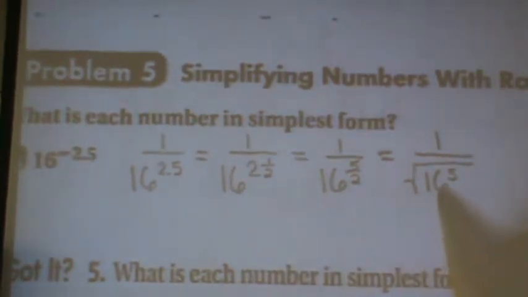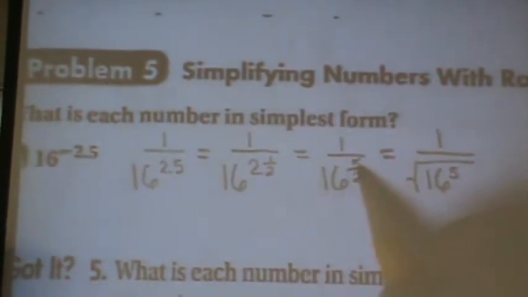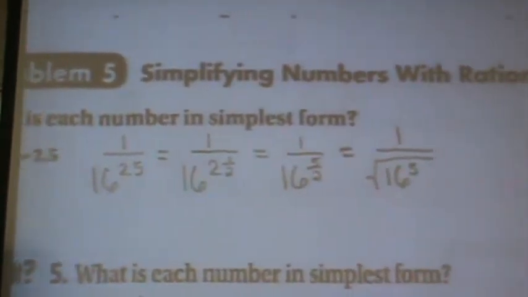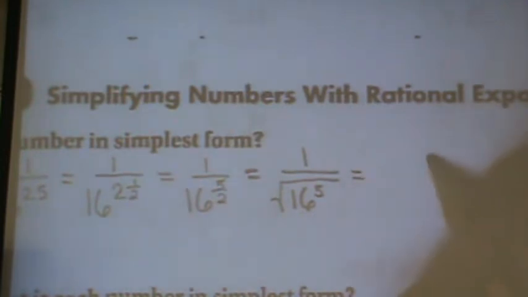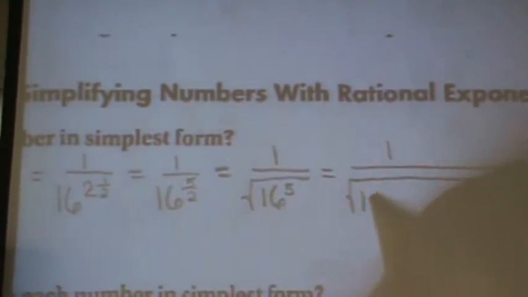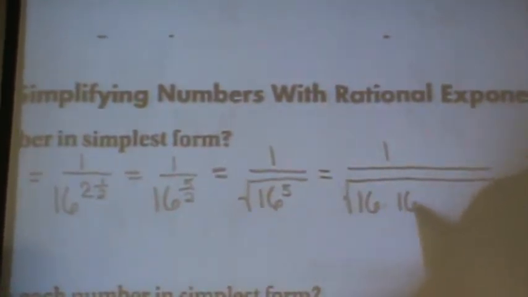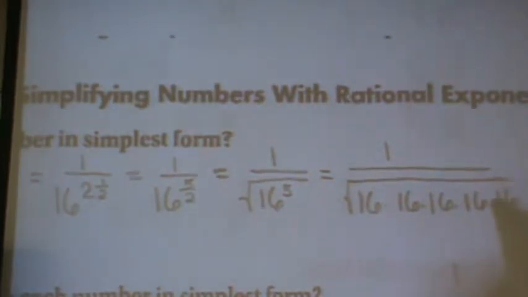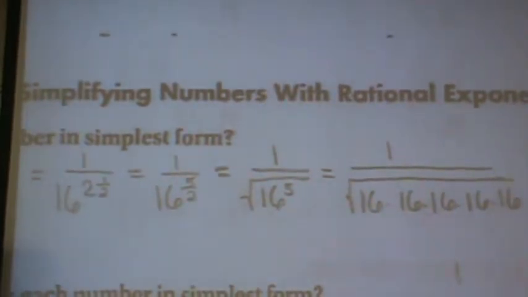How many 16s do we have, everyone? 5 of them. So for those of you that are visual learners, watch this. Do you agree with what I'm writing? I have this, times this, times this, times this, times this. This is the long way of doing it, but I'm showing you where 1024 is coming from.